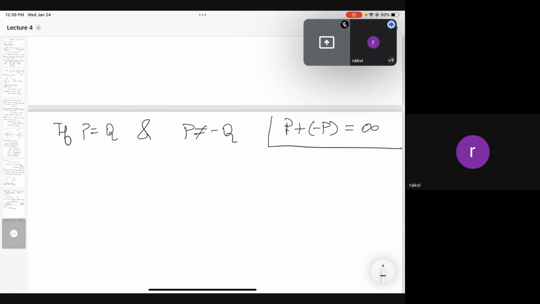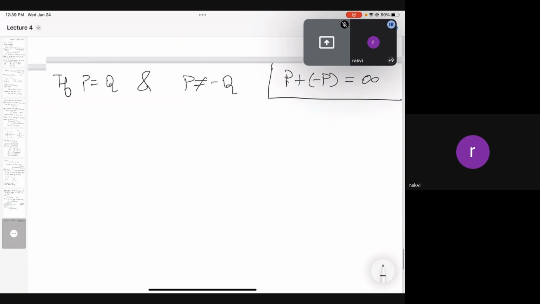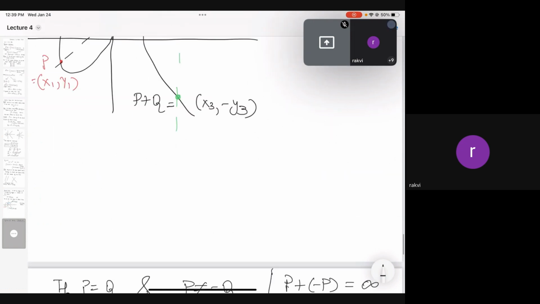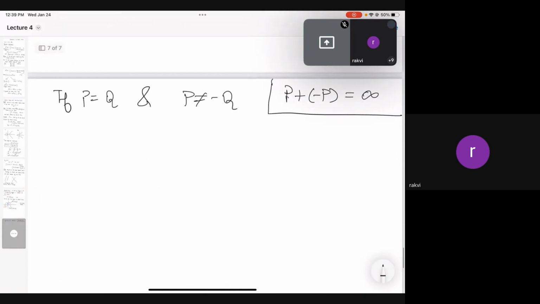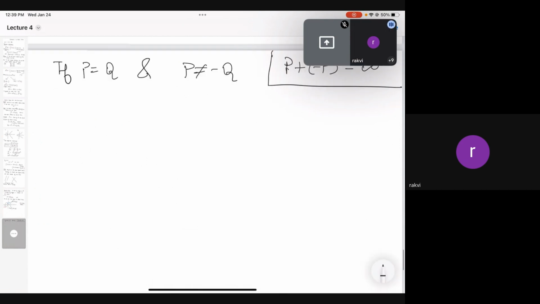So that is okay. Suppose I'm not in that setting. I want to add P to itself, assuming that P is not its own inverse. So let me draw that picture again.